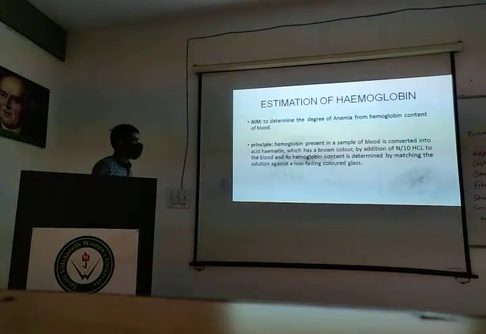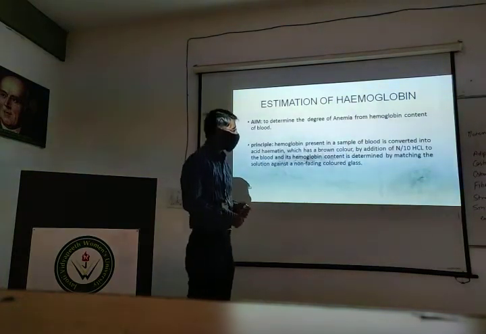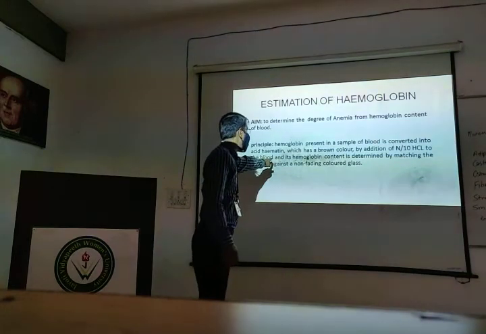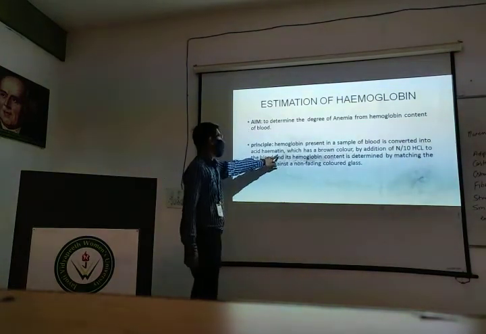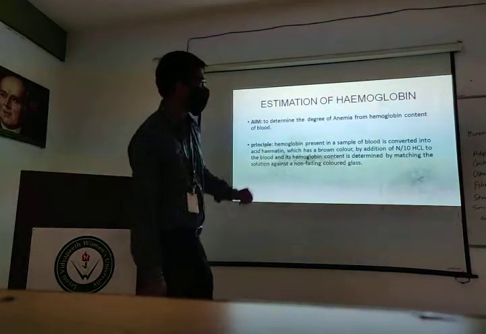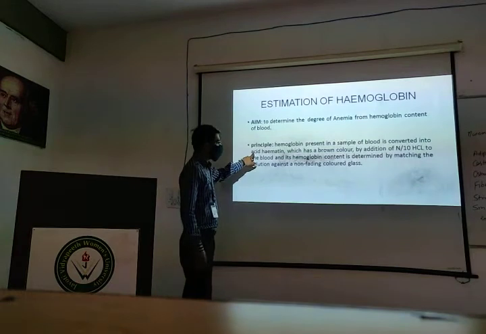The principle is that hemoglobin present in a sample of blood is converted into acid hematin. This is most important, and every student who is going to perform the practical for hemoglobin estimation must know the principle.